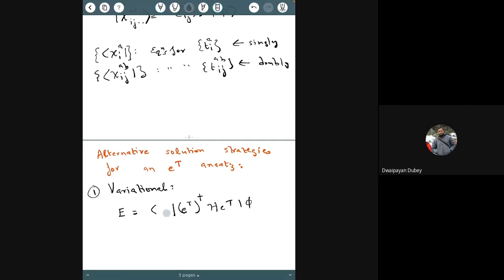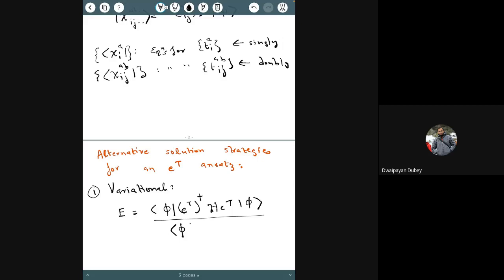So this is psi dagger, expectation value of h. And because e to the power t phi is not normalized, it follows intermediate normalization, but not full normalization.